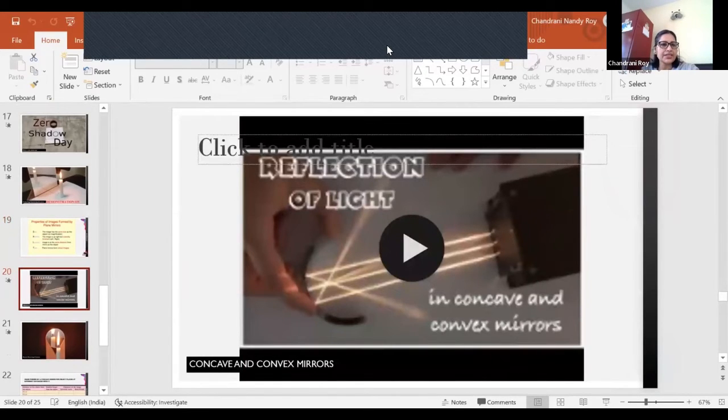I'm stopping my screen share for a moment. And here we have moved on from the class 6 content to the class 7 content, where we talk to them about plane mirrors and the characteristics of the plane mirror, and the textbook has an activity with checkerboards.